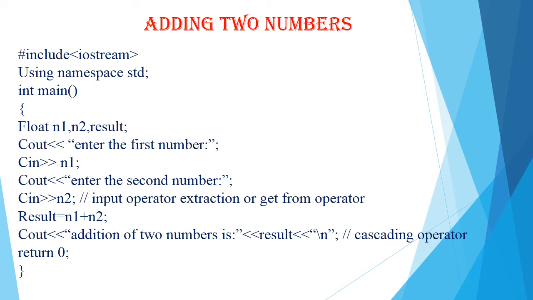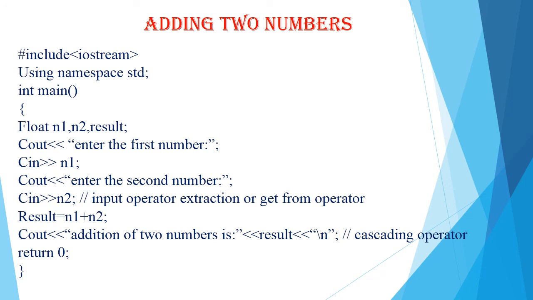Here cin with the double greater than symbol is called the input operator, extraction or get from operator, and in the next line we are calculating and displaying the value in the result variable. Result is equal to n1 plus n2, and in the next statement we are displaying the result.